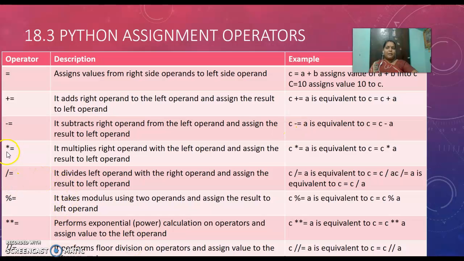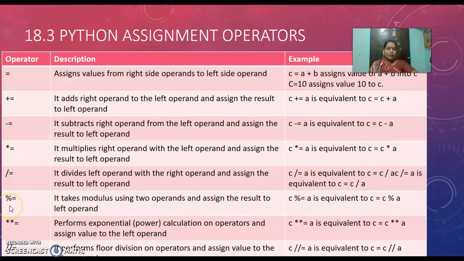In the similar way, asterisk equal to, this will multiply the right hand side operand with the left hand side and assign to the left hand side. So C asterisk equal to A is C equal to C star A. Similar way, slash equal to, so C slash equal to A is C equal to C slash A and the result is assigned to C itself.